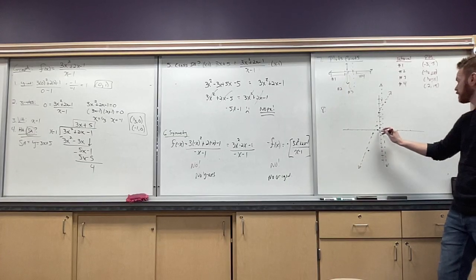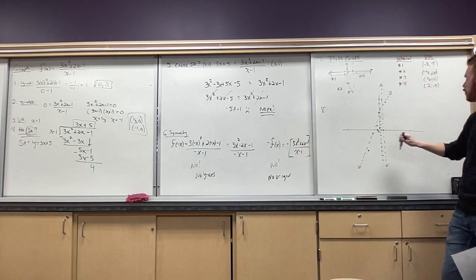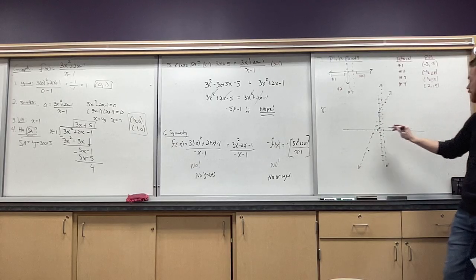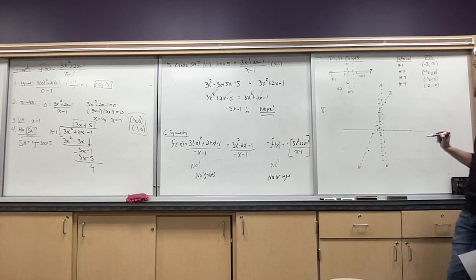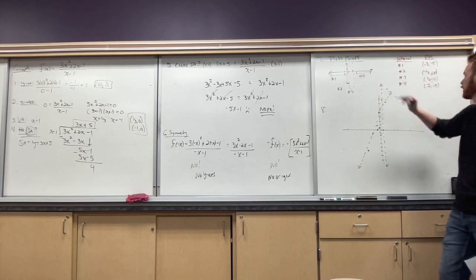Negative a half and 0.83, so right in here. Positive 0.83. I was wondering why that looked weird. Half and negative 1.5, so somewhere here. Okay, and then 2 and 15. So 2 and 15 will be somewhere up here.